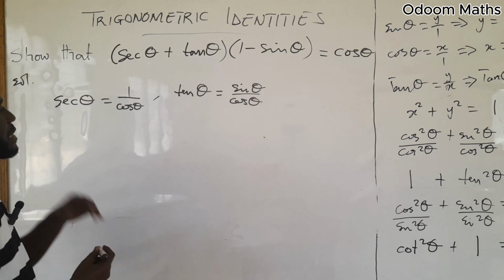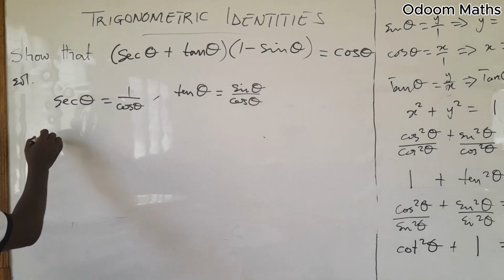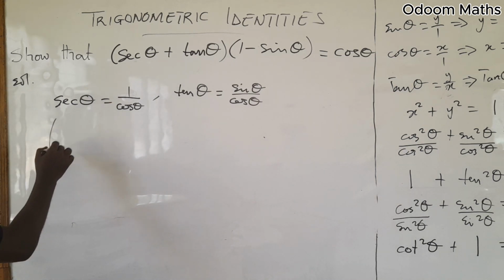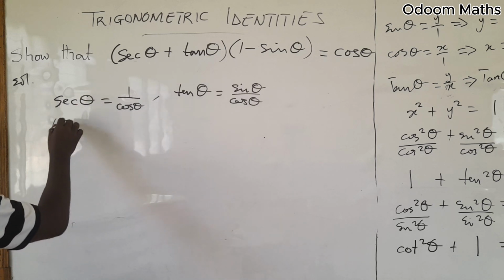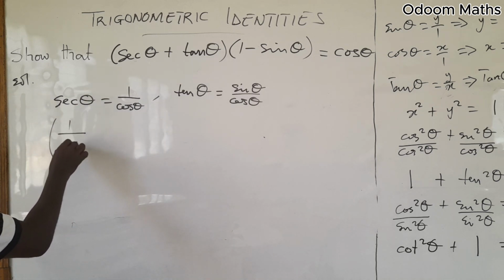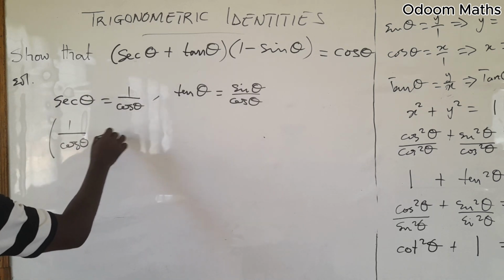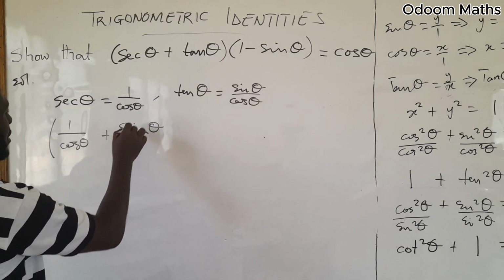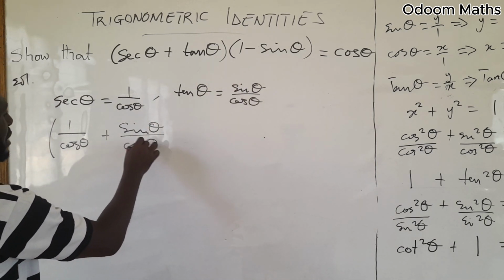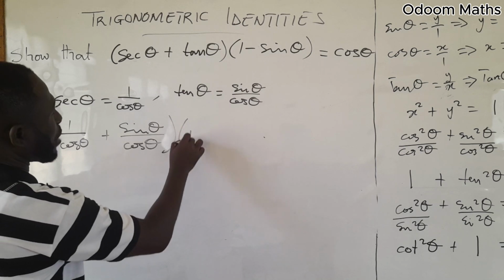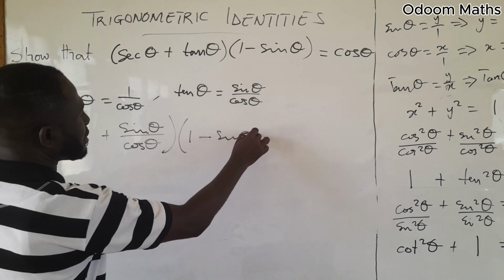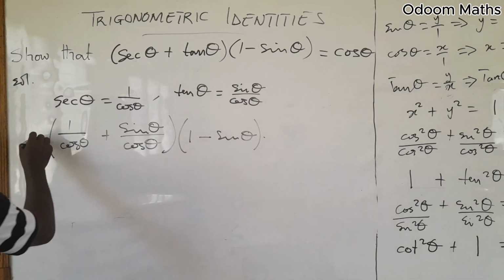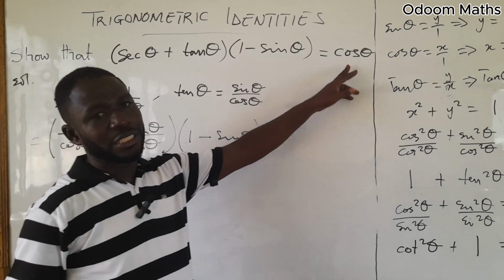Okay, so now let's just substitute. So the opening bracket, sec theta is 1 over cos theta plus tan theta is sin theta over cos theta. Then 1 minus sin theta. So we want to see whether this will amount to this one.